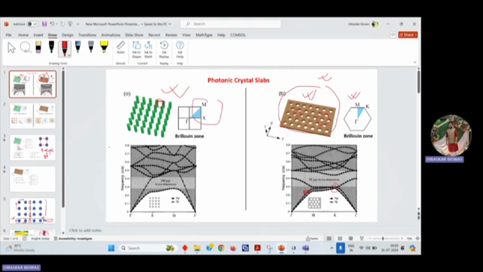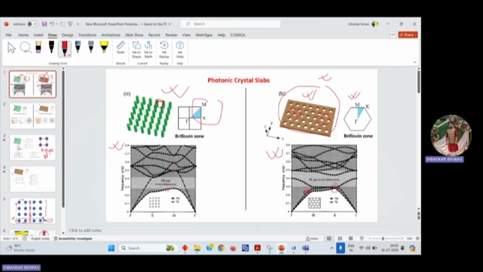So this is the band diagram for the dielectric rods, and this is the band diagram for the slab with holes. Both TM and TE modes are shown here. For the rods, only the TM mode has a band gap, because this is the first TM band, and the second and third bands are meeting here, creating a band gap.